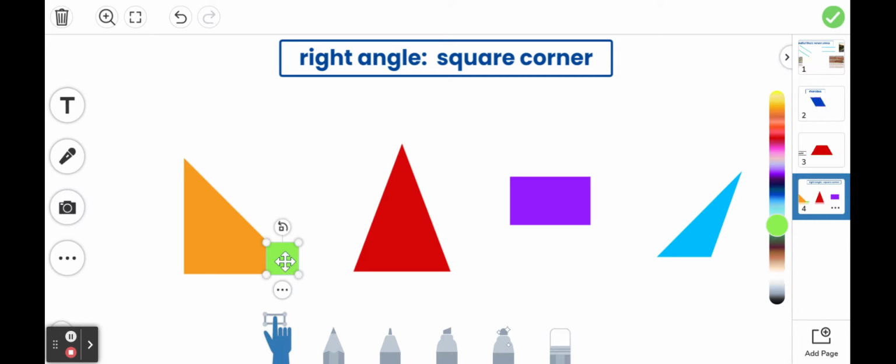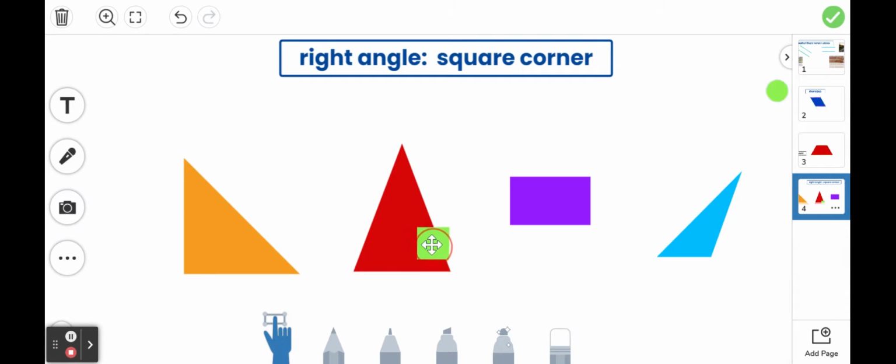And we can move the square up here, and you can see that is not. Down here, the whole square fits inside. So this is actually called a right triangle. You don't really need to know that, but this is not a square corner or a right angle. This is not either. You can see how it hangs over.